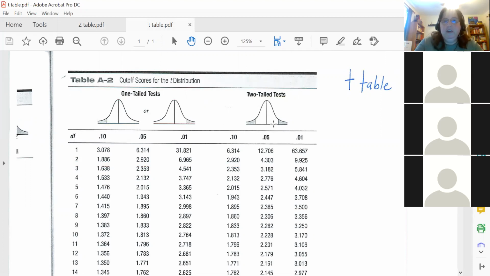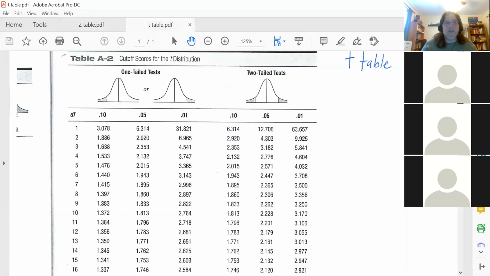So if you are using a t-test for a single sample or a t-test for dependent samples, your DF is n-1, sample size minus 1. If it's a t-test for independent samples, which did not come up on the homework, by the way, it's sample size 1 plus sample size 2 minus 2.